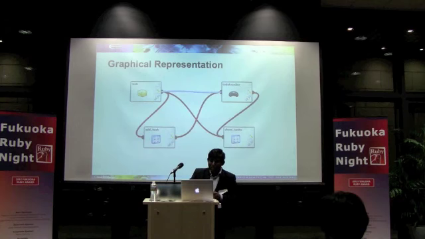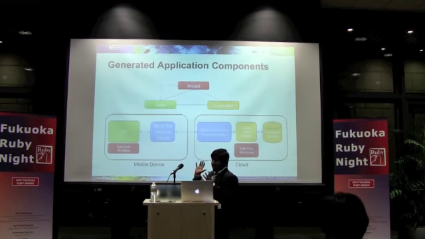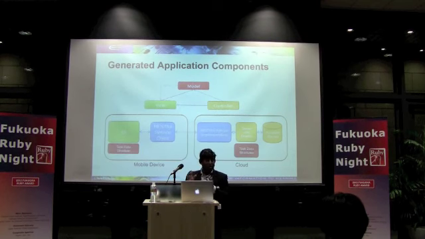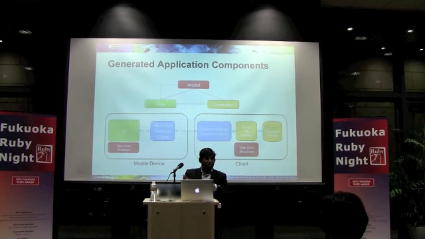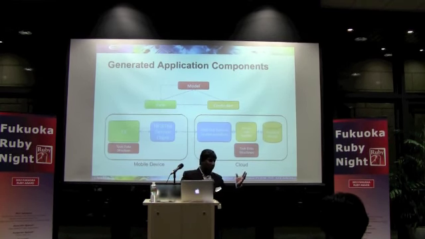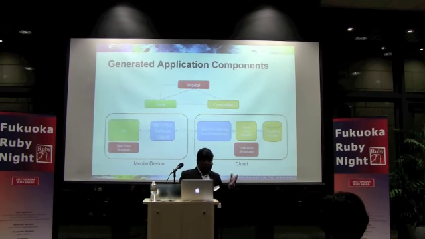And once you are done, the framework we have will generate a mobile UI plus a little service client. And on the other end, it will also generate a cloud app with whatever the data store is. If it's Google App Engine, it will generate the BigTable code. If it's Amazon EC2, it will generate MySQL code.